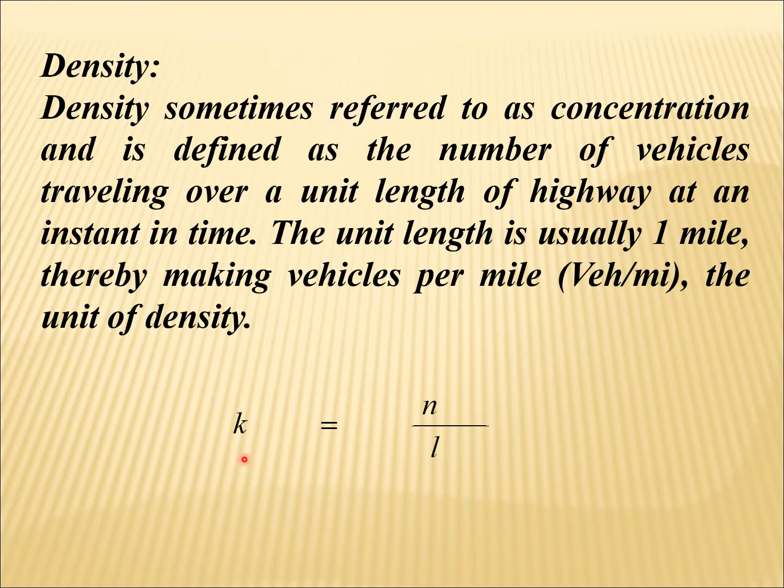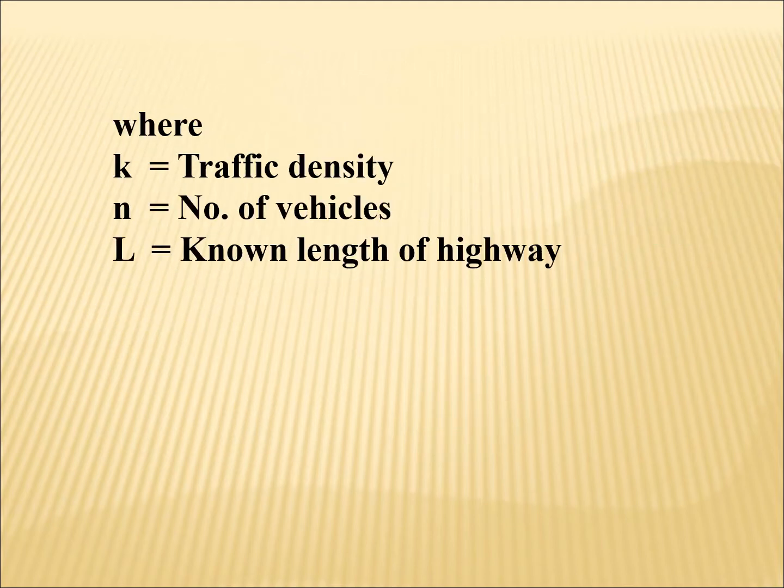So k, that is the density or the concentration, is equal to n over l. And you can see that k means traffic density, n means number of vehicles, and l means known length of highway.